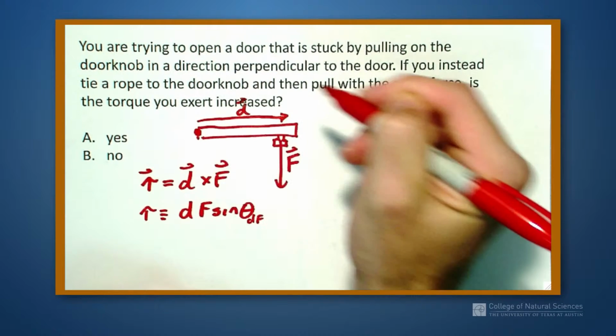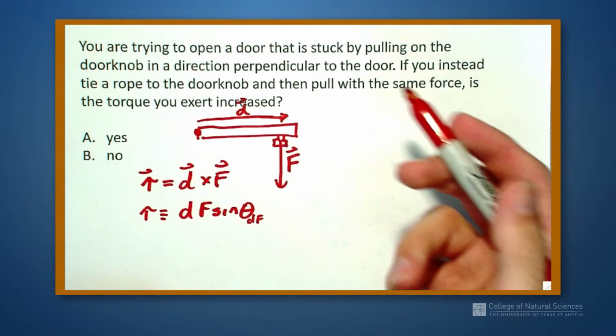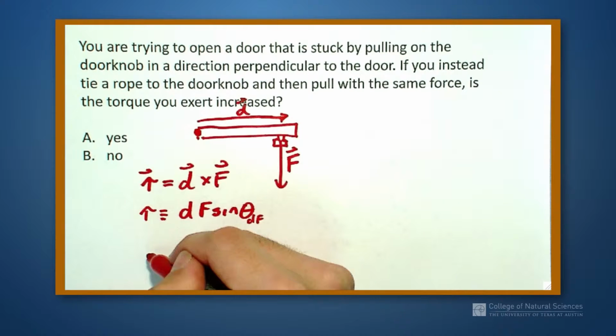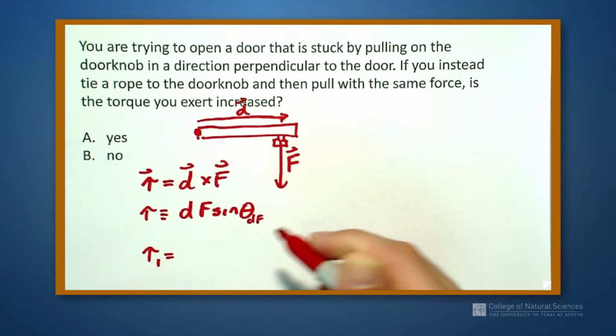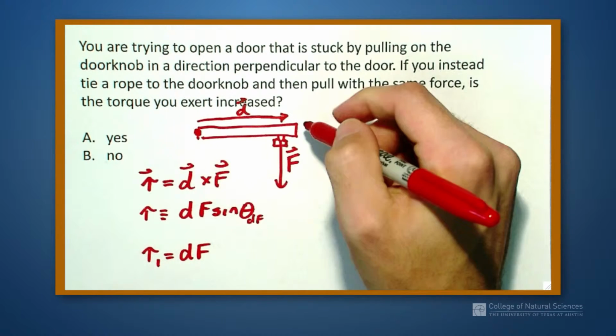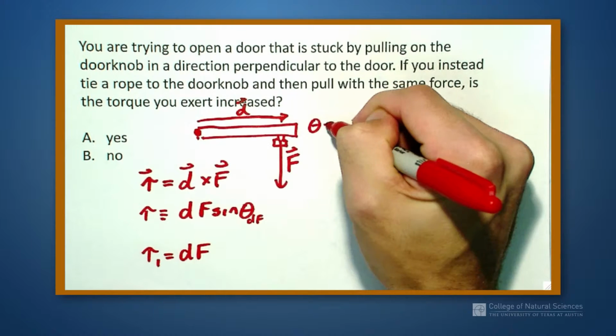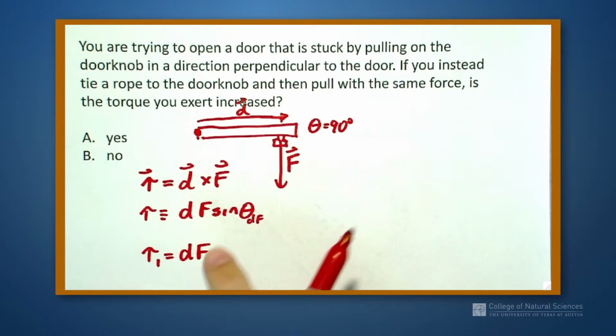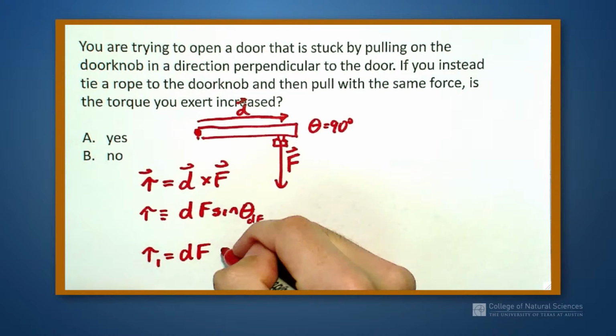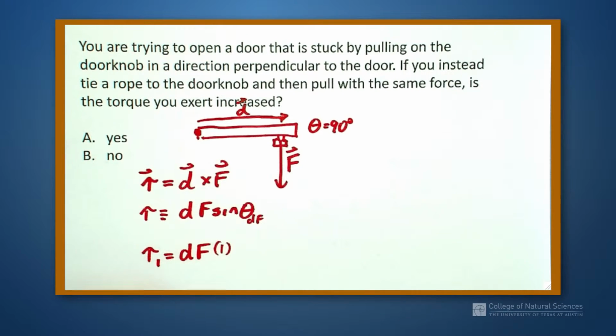So these are vector quantities. For case 1, my torque is just equal to dF, and I know that my angle is 90 degrees, so the sine of my angle is 1. So that's pretty simple, pretty straightforward. This is how we normally get a door open.